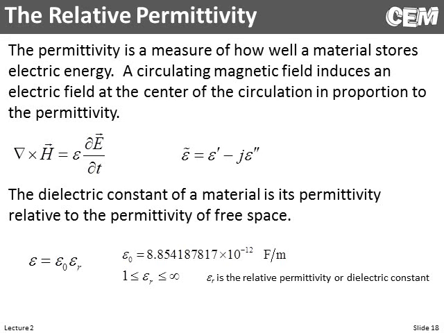So that's the permittivity. We can write permittivity as a product of the permittivity of free space times a unitless constant. And this constant is what we actually call the dielectric constant. And rarely do I talk about permittivity. I usually just talk about the dielectric constant. And it's implied that when you stick that in Maxwell's equations, you got to multiply by this free space permittivity, which is 8.854 times 10 to the minus 12 farads per meter.